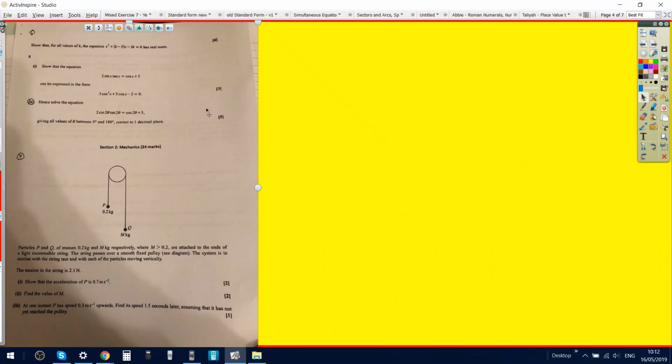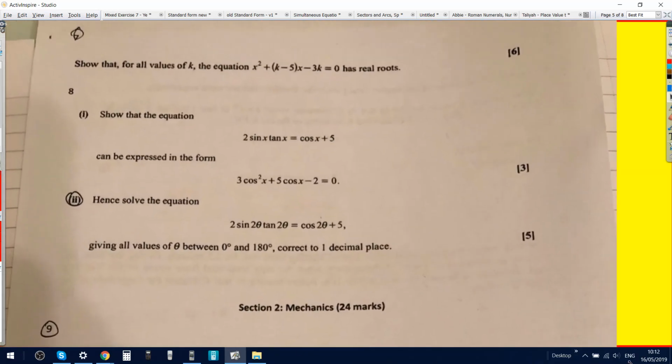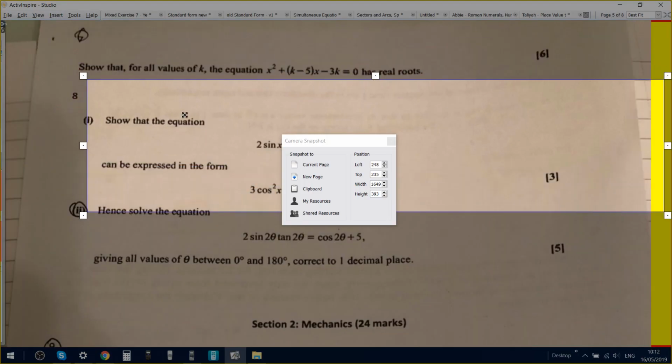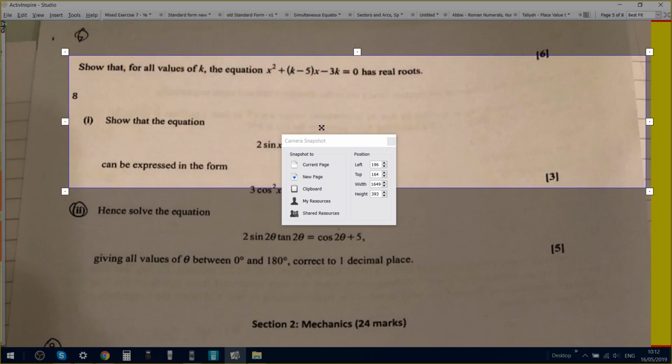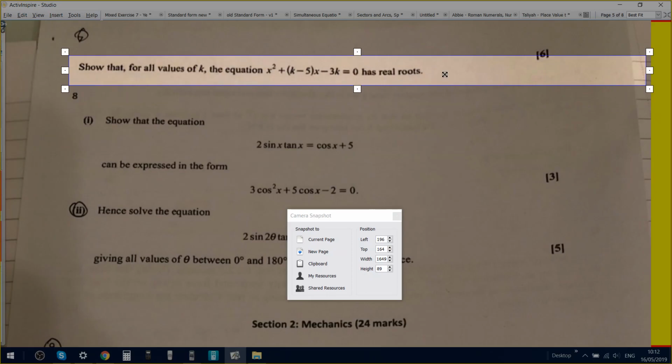This one. Okay, how do we do this one at the top? b squared minus 4ac. Yeah. Are you okay for that one, or?